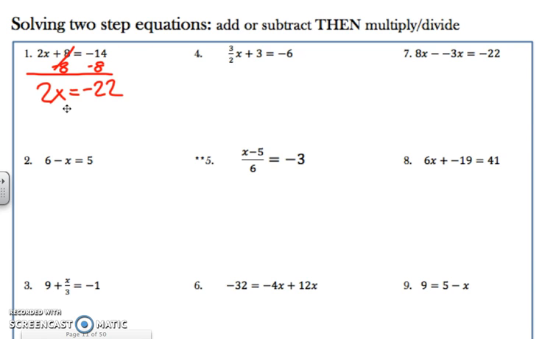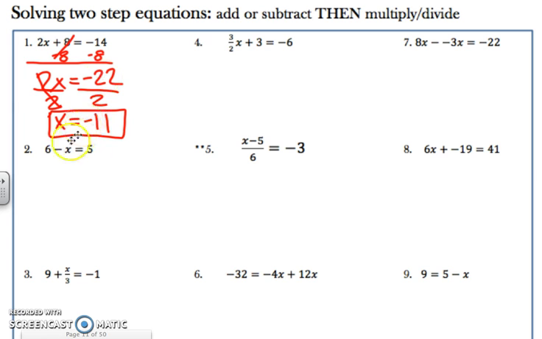So now we need to do our second step. These look like problems like we just did. I have a number and a variable right beside each other, so I'm going to divide by the number beside that variable, which is a 2. The 2's are going to cancel. I'm left with x equals negative 11.